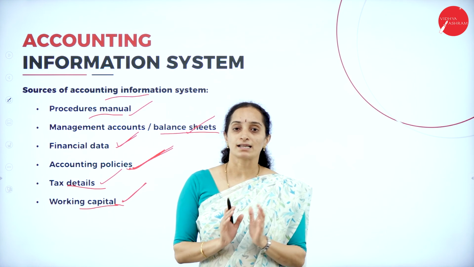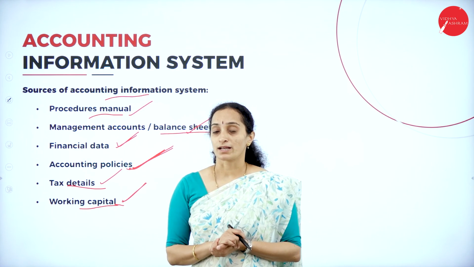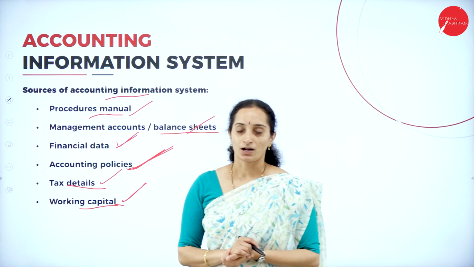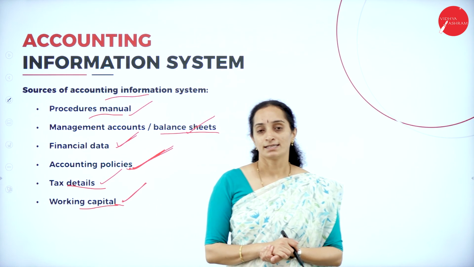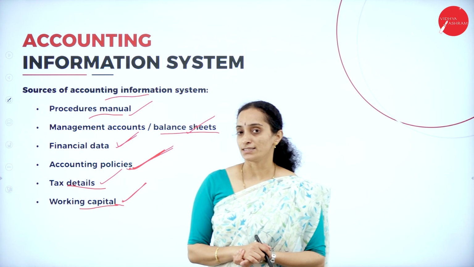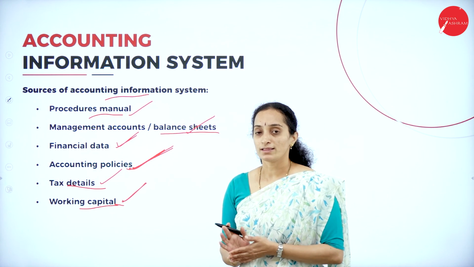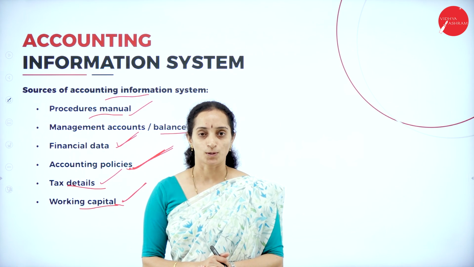So all these details can be collected in the computer itself, and you can store and process the data in the accounting information system, and assist the accounting department managers to ease all these tasks with the help of information technology.